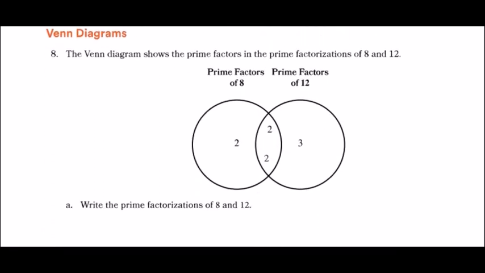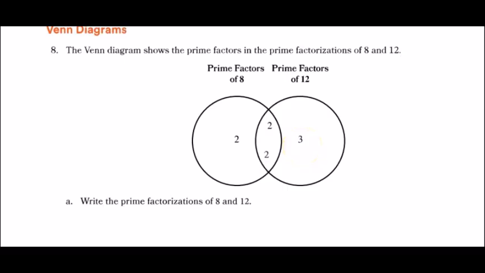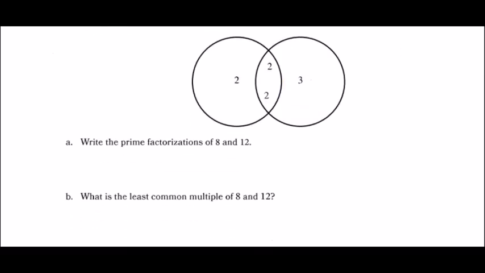Venn diagrams. The Venn diagram shows the prime factors in the prime factorization of 8 and 12. So 8 is 2 times 2 times 2. 12 is 2 times 2 times 3. So 8 is 2 cubed, and 12 is 2 squared times 3.